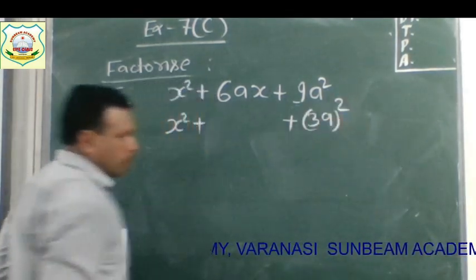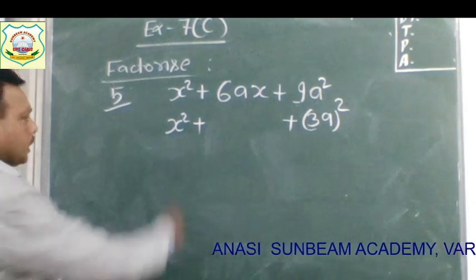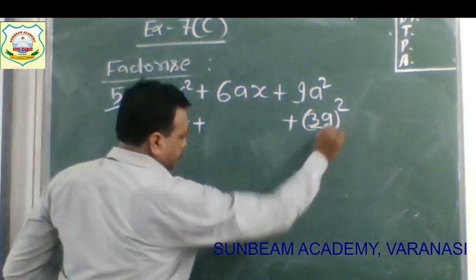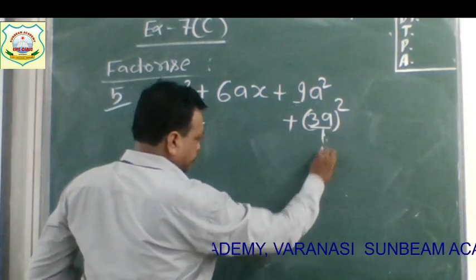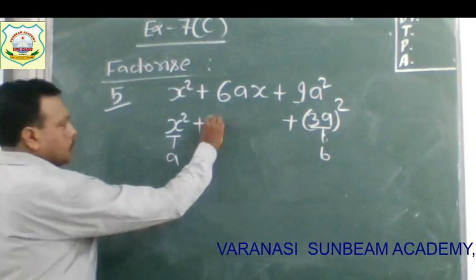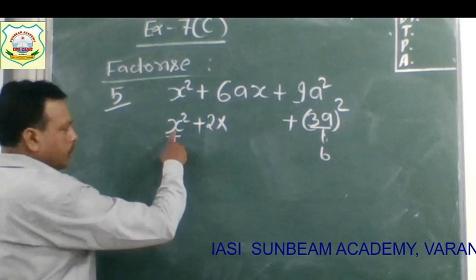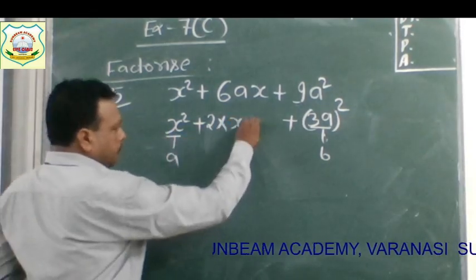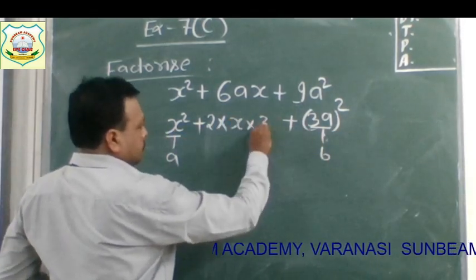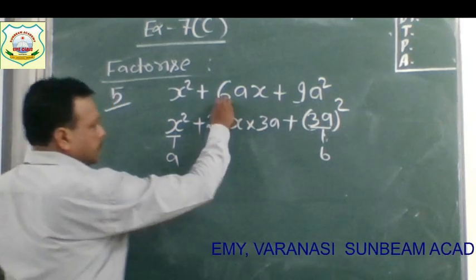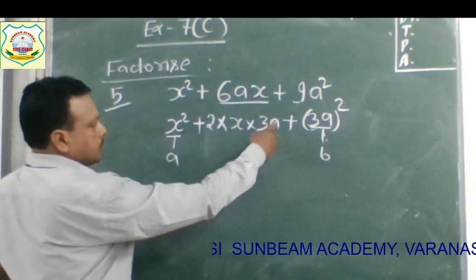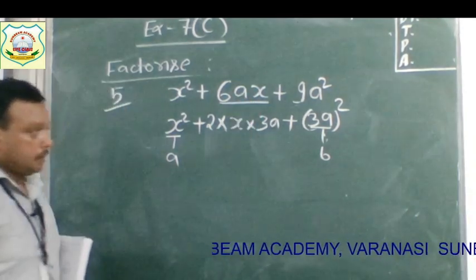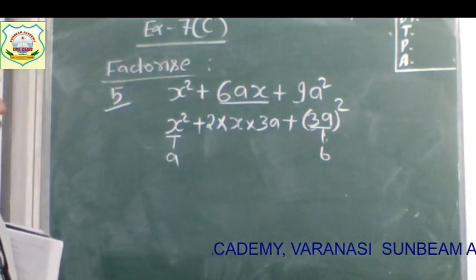Now we have got a and b in this form, clear. So 2 multiply a, that is x, multiply 3a. We can check whether this value is coming. 2 times 3 is 6, 6ax, yes, we are getting it, okay.